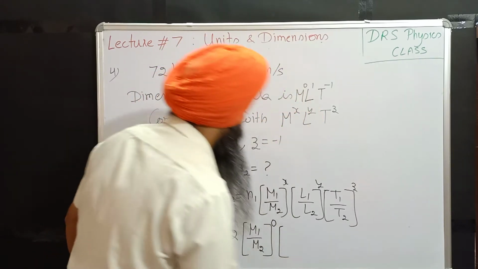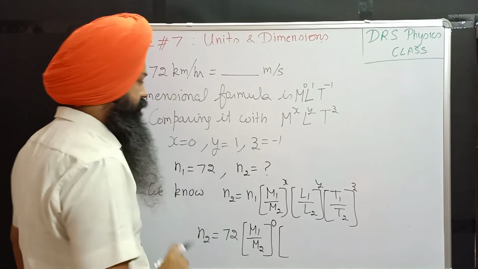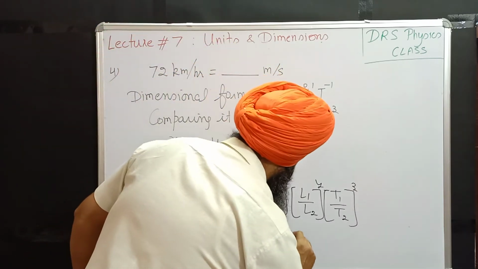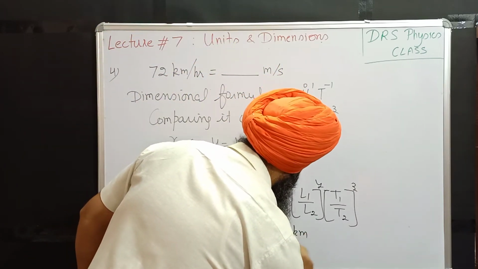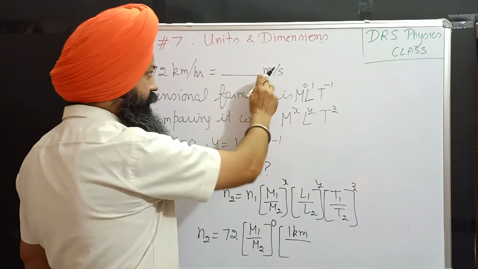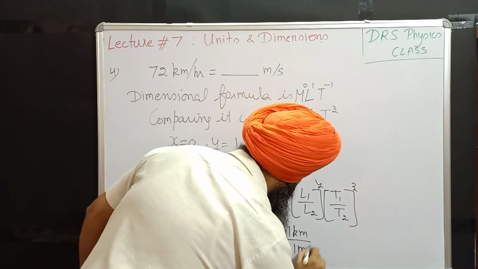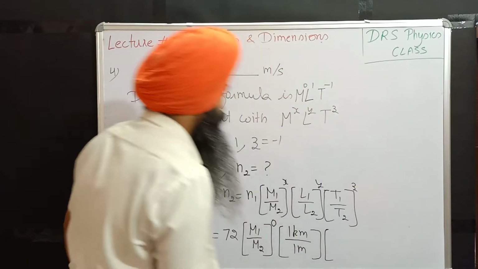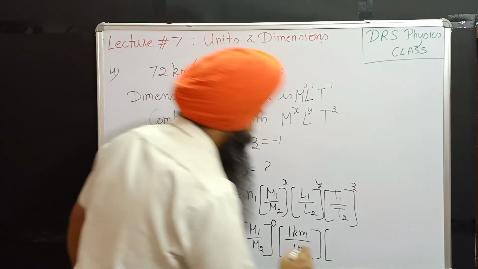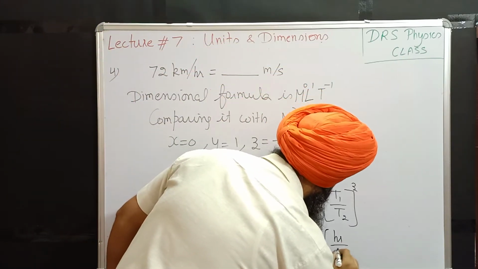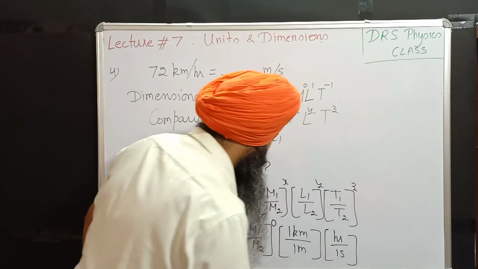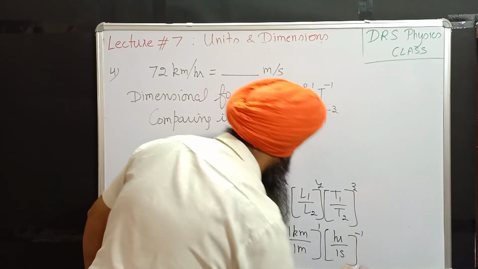So what is given here? Length in first unit kilometer. We are moving to the unit meter. Time hour. Here we are having seconds. Here power 1, here power minus 1.